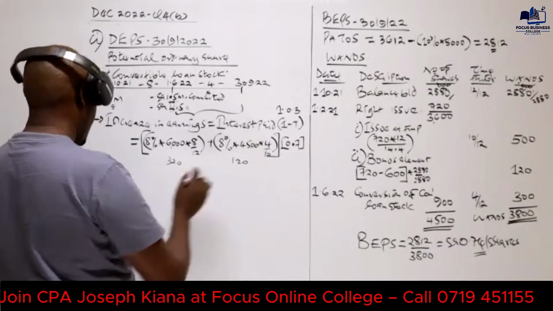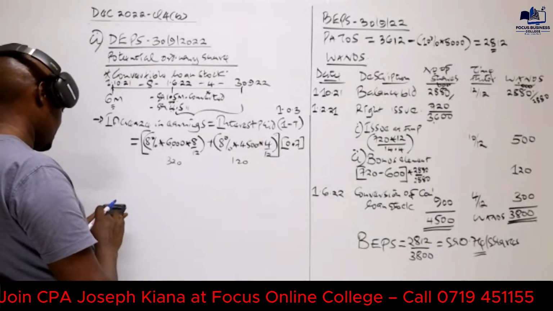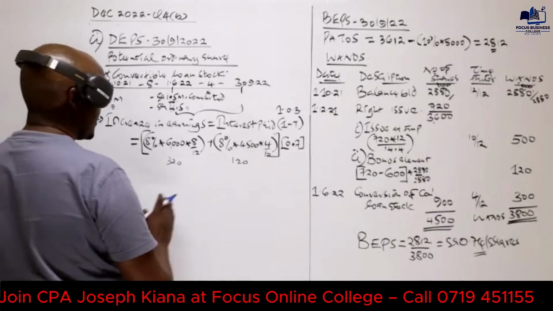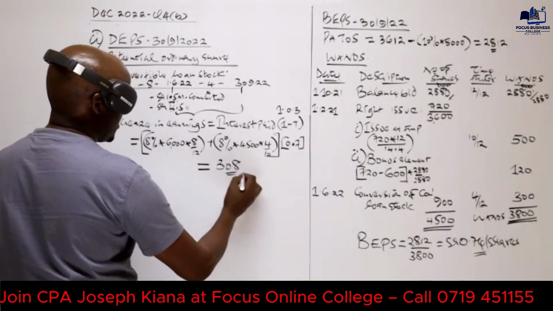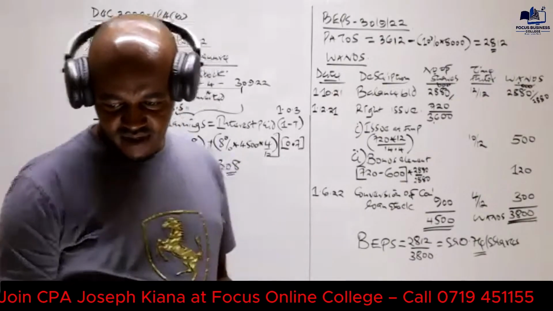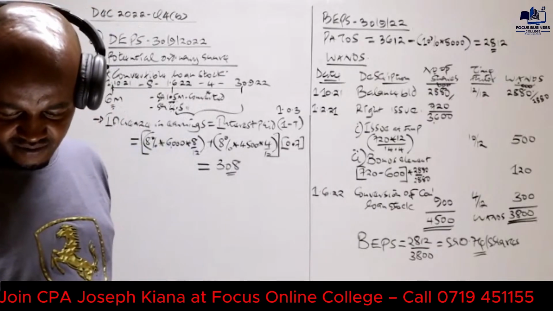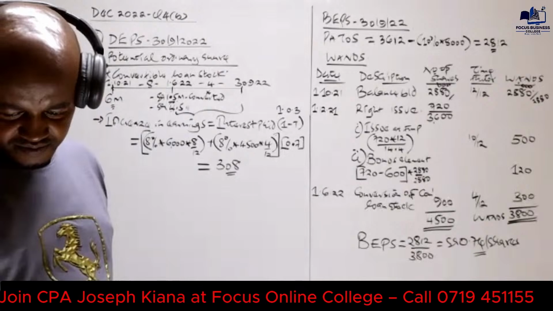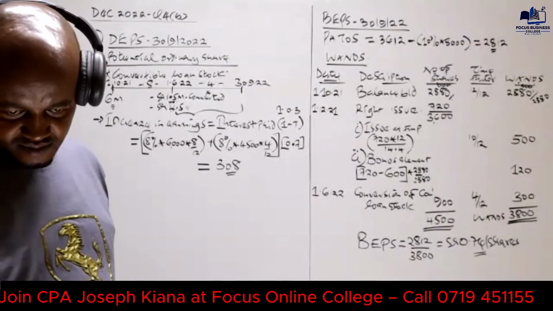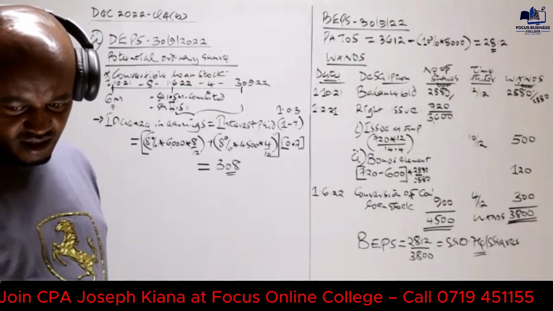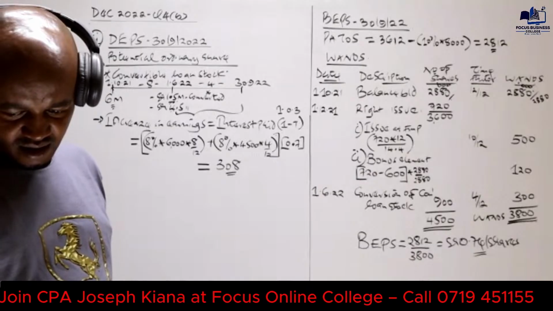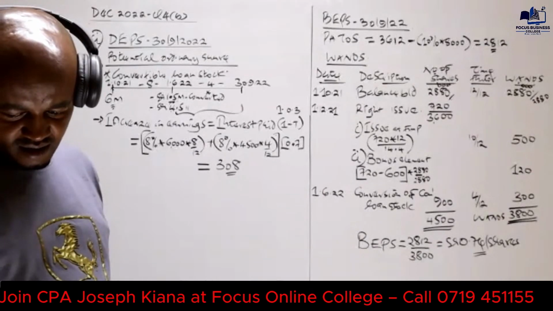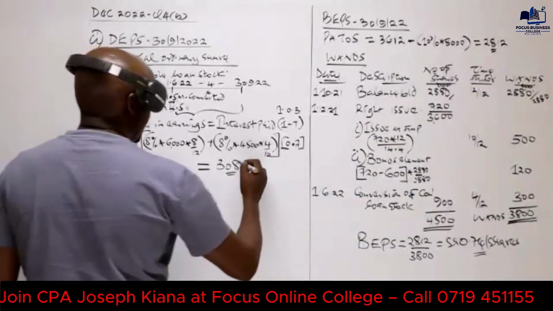I'm getting 120 here, and basically I'm getting a total of 308. Is that what you're getting? 308, yes. So that is basically the increase in earnings.